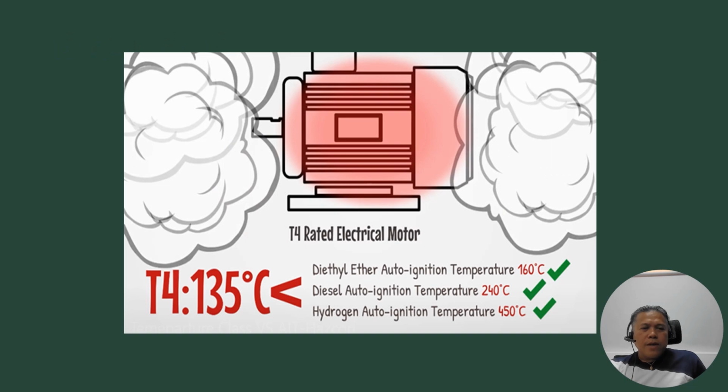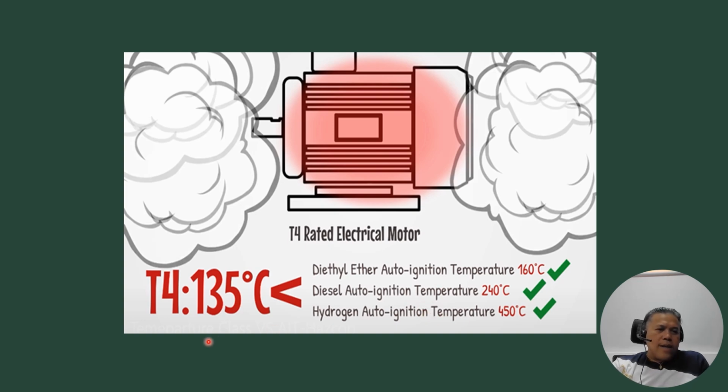So now T4 is 135 degrees. This T4 rated electrical motor can be safely installed in an area where either diethyl ether or hydrogen are present, because the ignition temperature of these gases is higher than the maximum surface temperature of our T4 motor.